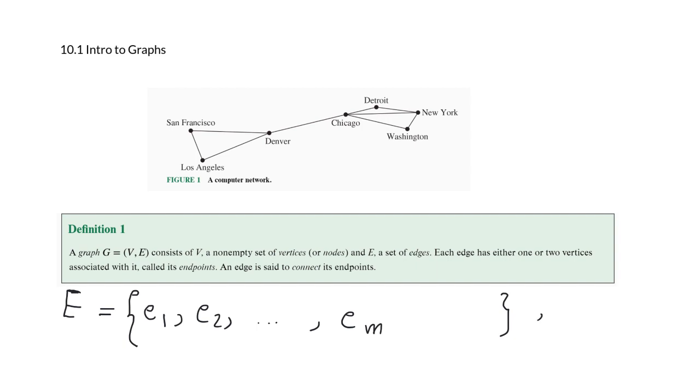It simply says that we can write Ei to be, so let's first also put some name for our vertices. Let's say our vertices are V1, V2, and Vn. Then each edge is just a set of two vertices. So let's say vi1 and vi2.